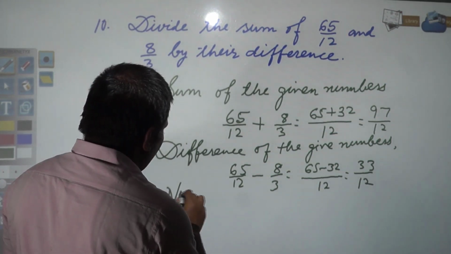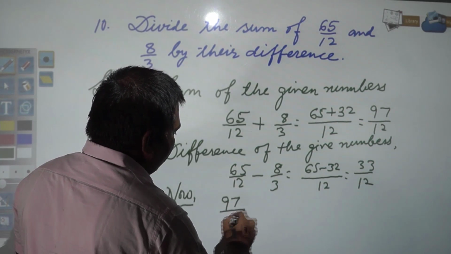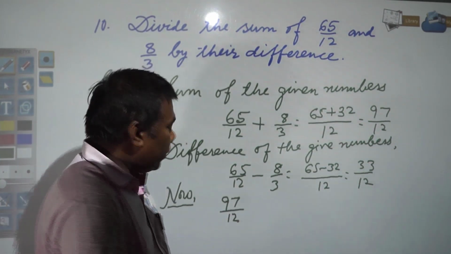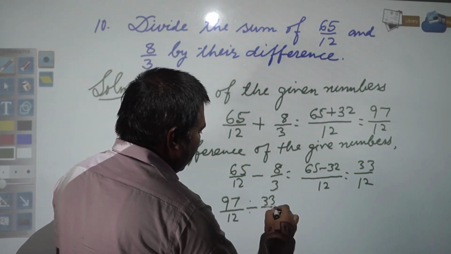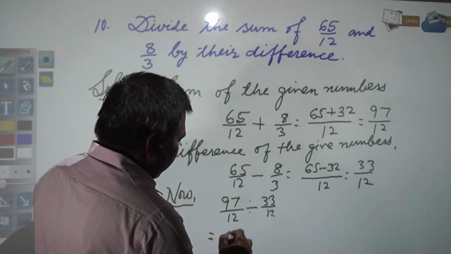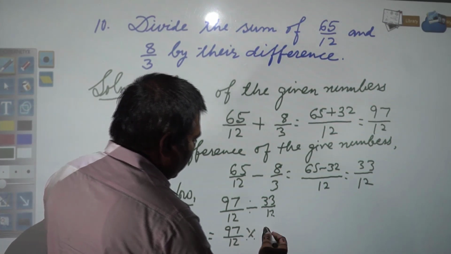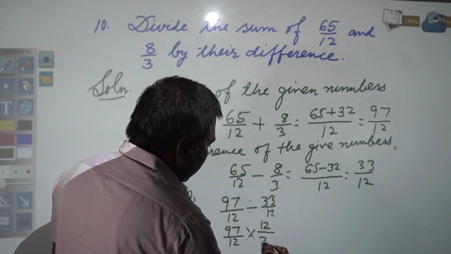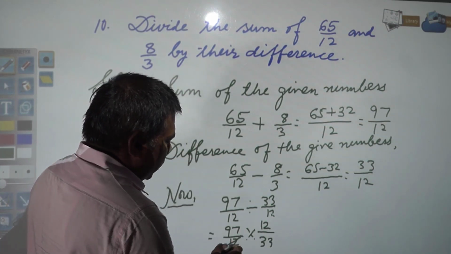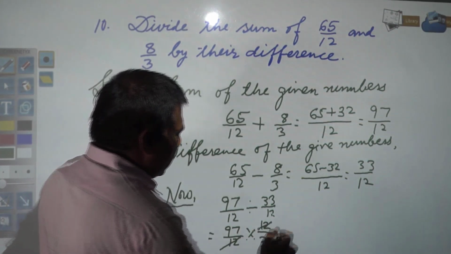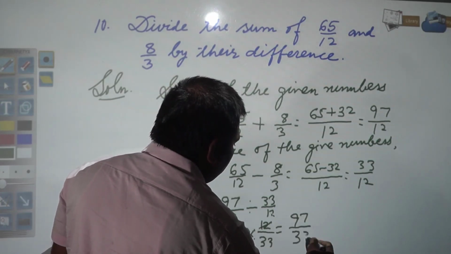Now what you need to do? The sum you have got, 97 by 12, is required to be divided by their difference, meaning 33 by 12. So it will be 97 by 12 into 12 by 33. This 12 and 12 will be cancelled, and finally you will get 97 by 33.